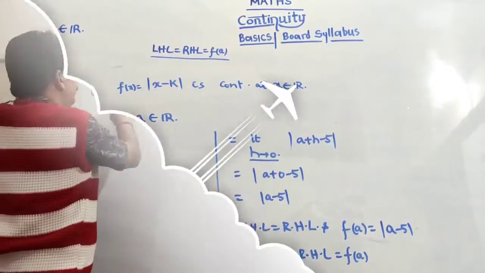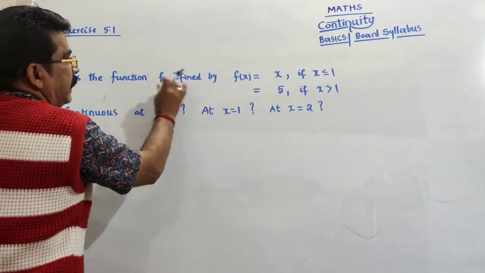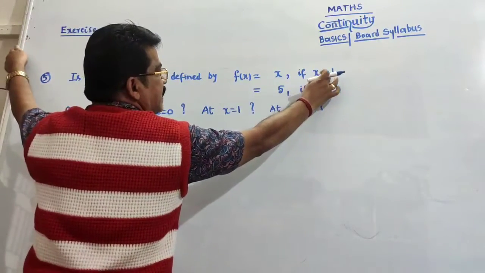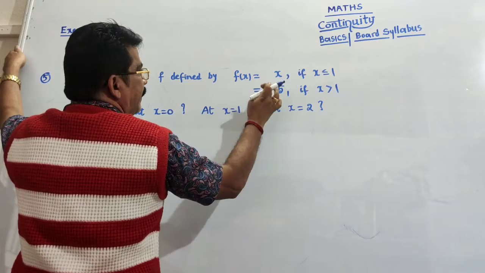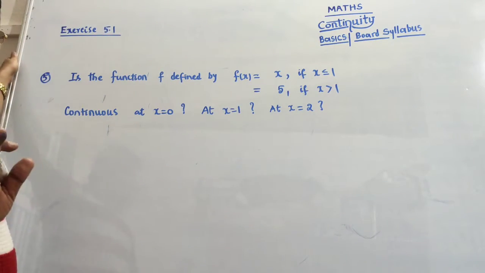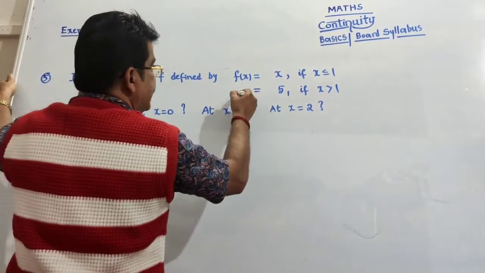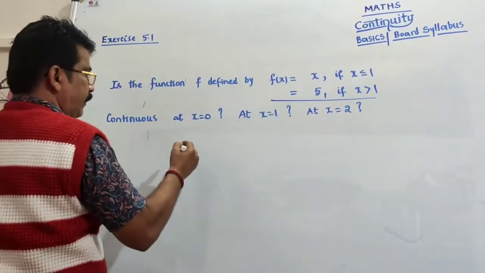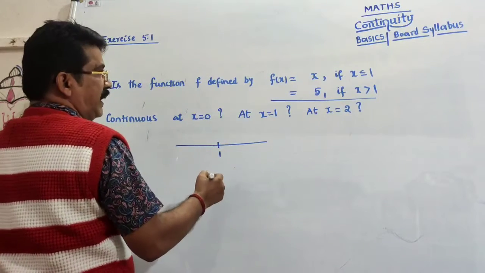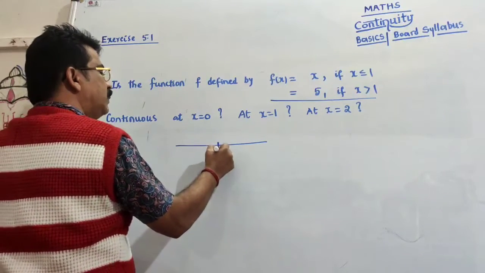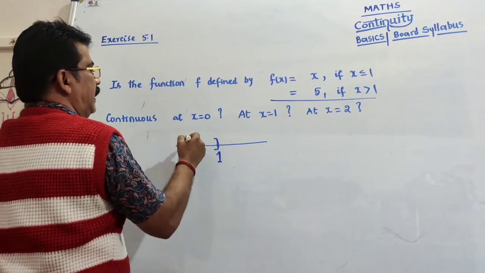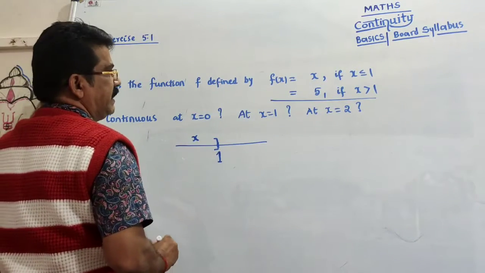Remember. Next problem: is the function f of x equal to x if x is less than or equal to 1, and f of x equal to 5 if x is greater than 1, continuous? Already I said this is a discrete function. For x less than or equal to 1, it is defined as x, the identity function.